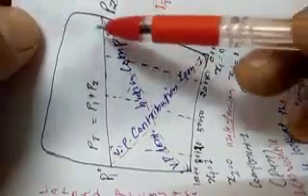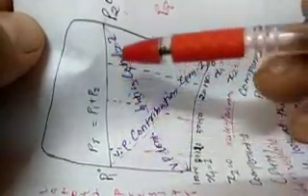You can easily understand that if we move from this to this, the total vapor pressure decreases from P20 to this. So as we keep on adding the solute to the solvent, the total vapor pressure decreases from P20 and it comes to this level.